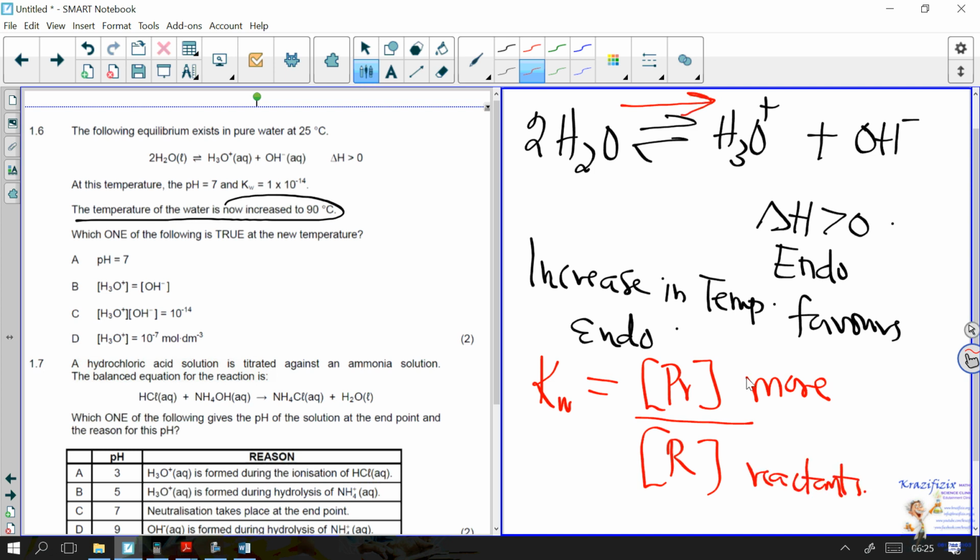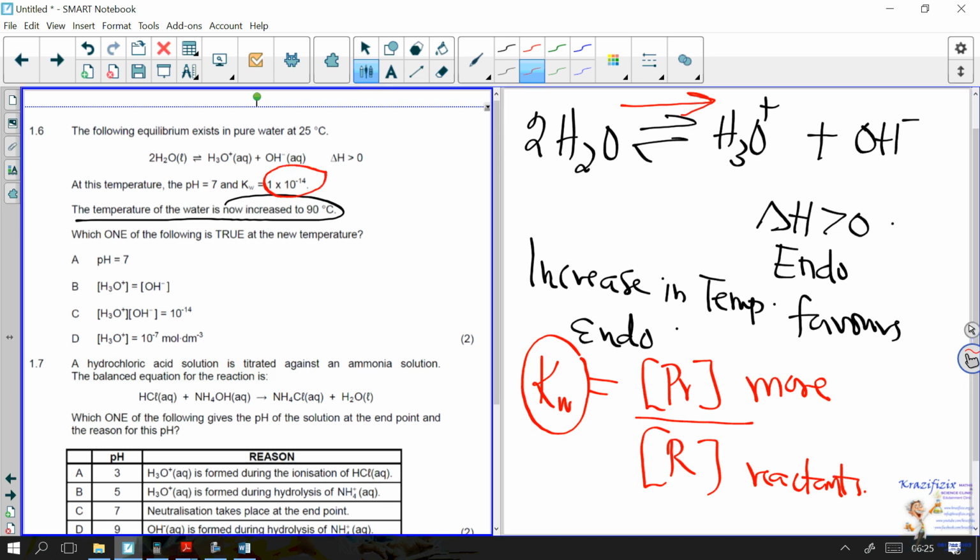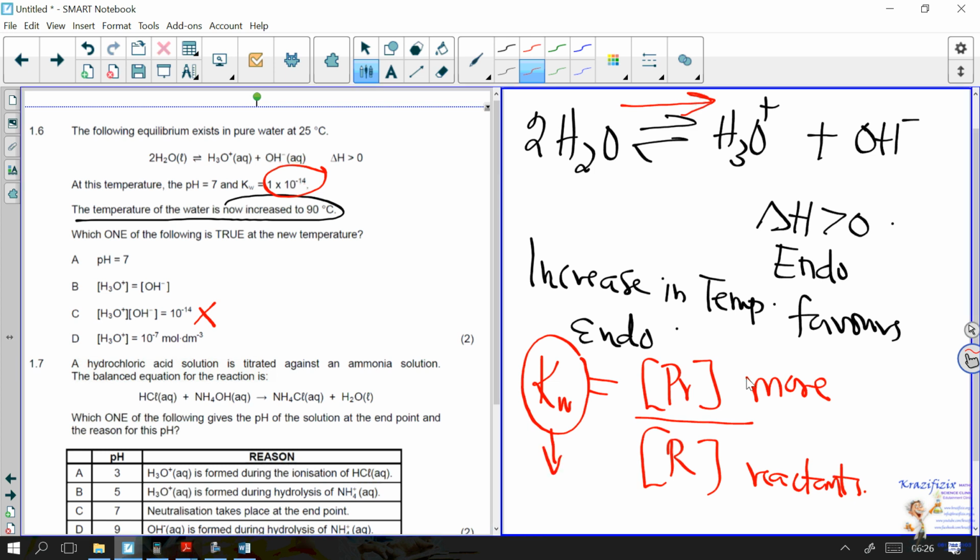If I have more products than reactants, my Kc value changes. What is my Kc value here? 1 times 10 to the power negative 14. Now my Kc value is going to change. So C cannot be the correct answer. My Kc value would actually change.